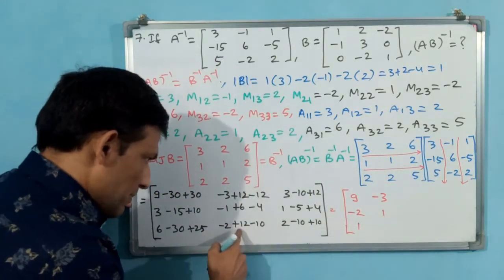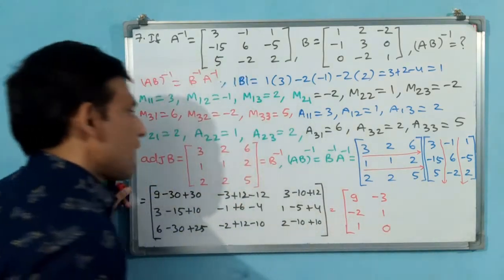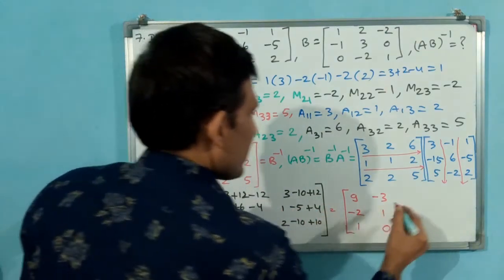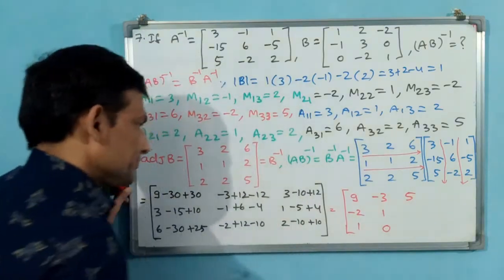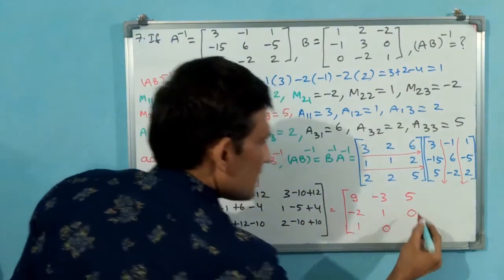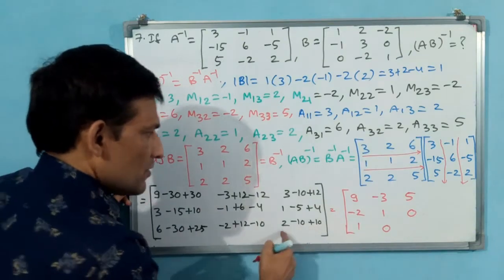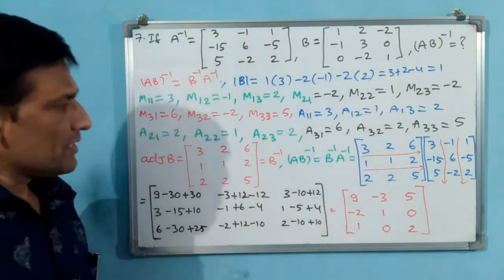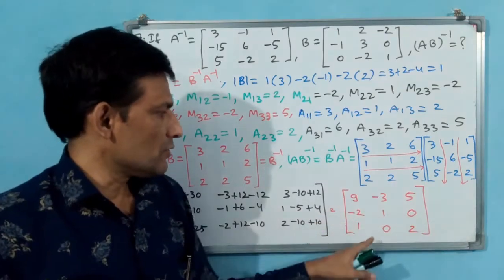You see, minus 12 plus 12, 0. 15 minus 10, 5. Plus 5 minus 5, 0. This will be your answer.